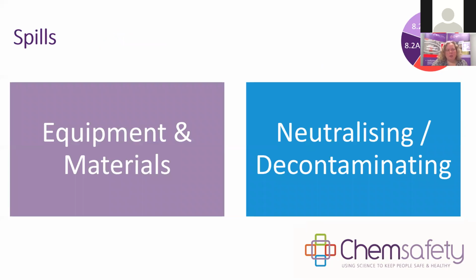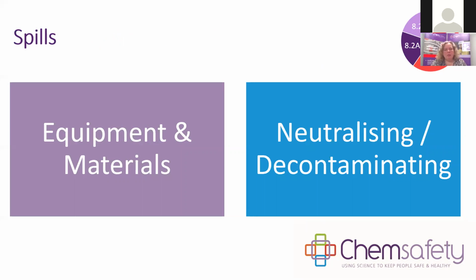And speaking of spills and containments, the last slide in this section is if you've got any of my famous 5, the 6.1 ABCs and your 8.2 A's and B's, then you do need to have equipment and materials so that you can deal with any leaks or spills, whether major or minor.